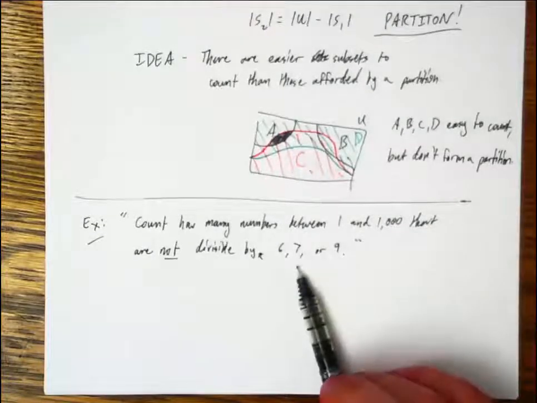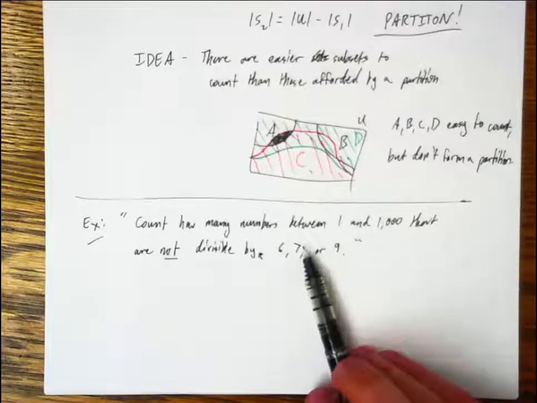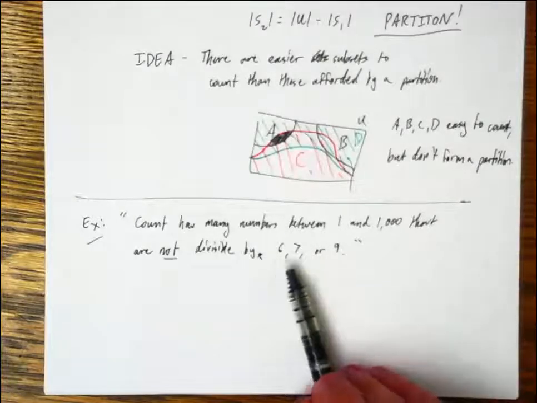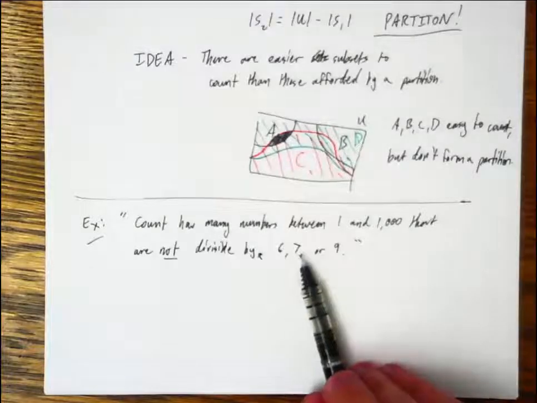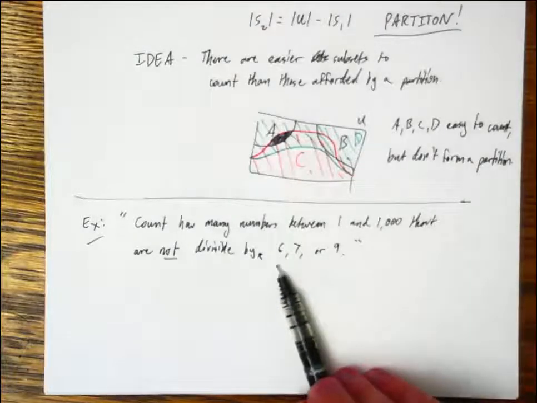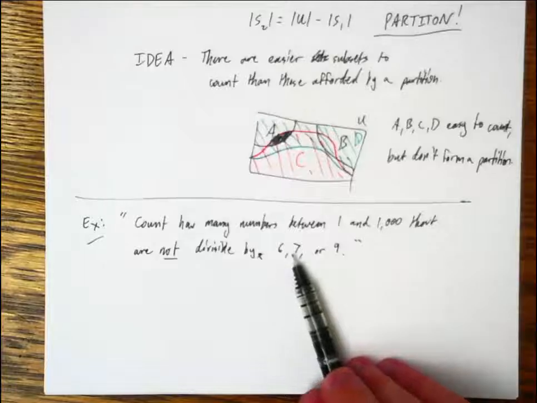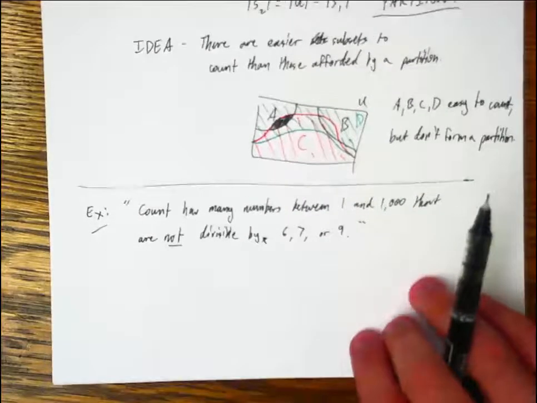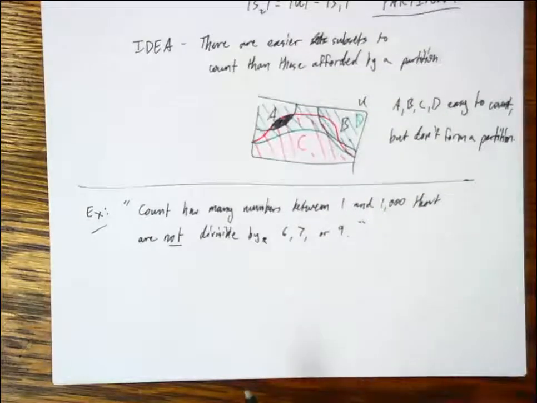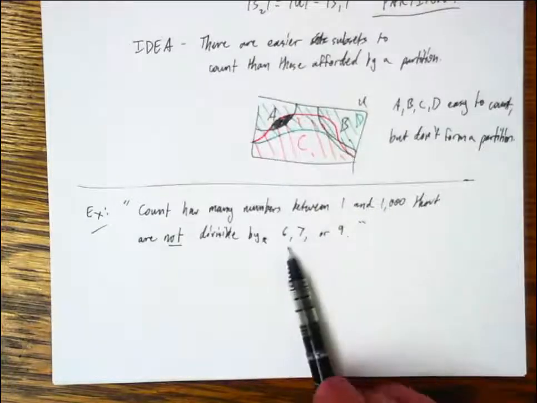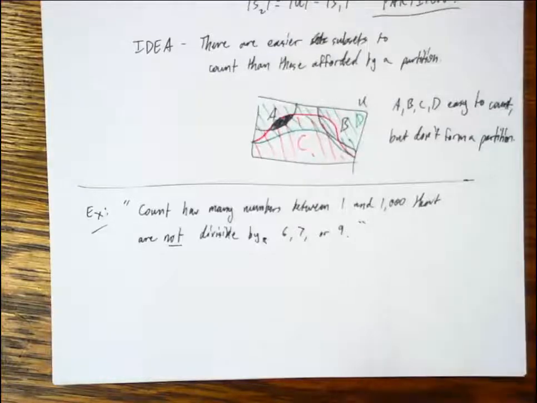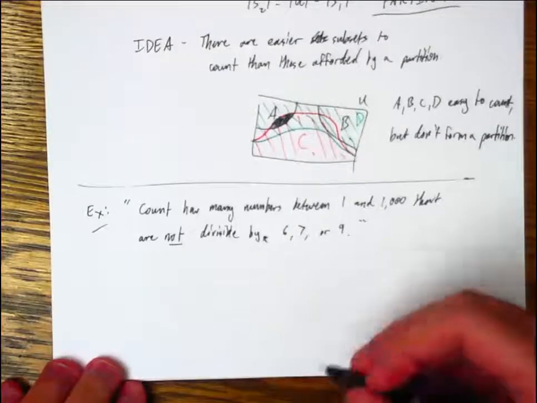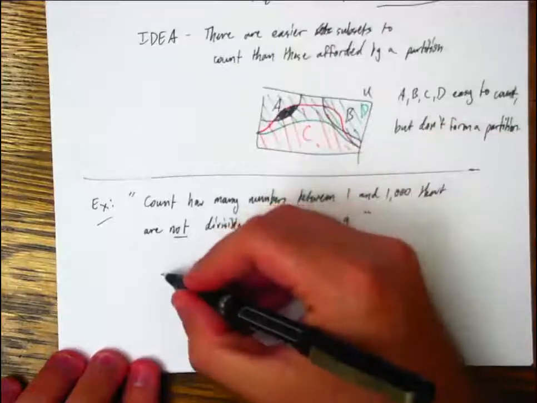There are lots of numbers that aren't divisible by 7, but unfortunately there are numbers like 42 that are divisible by both, or there are numbers like 43 that aren't divisible by either that we'd like to include. It might actually be easier just to count how many numbers actually are divisible by these numbers, and then start taking out overlaps. So let's start there.